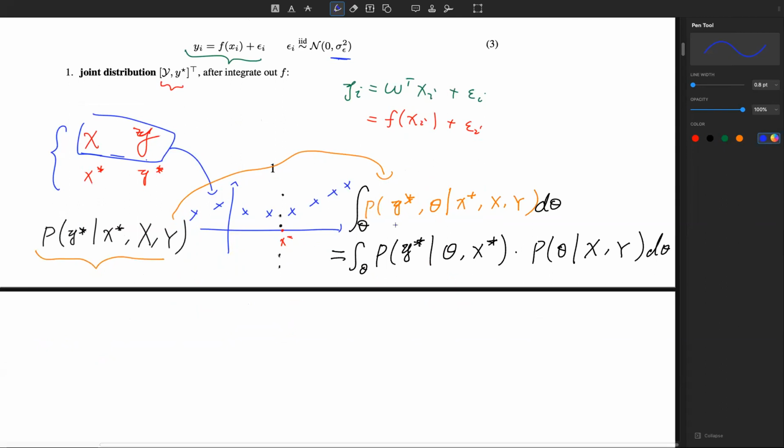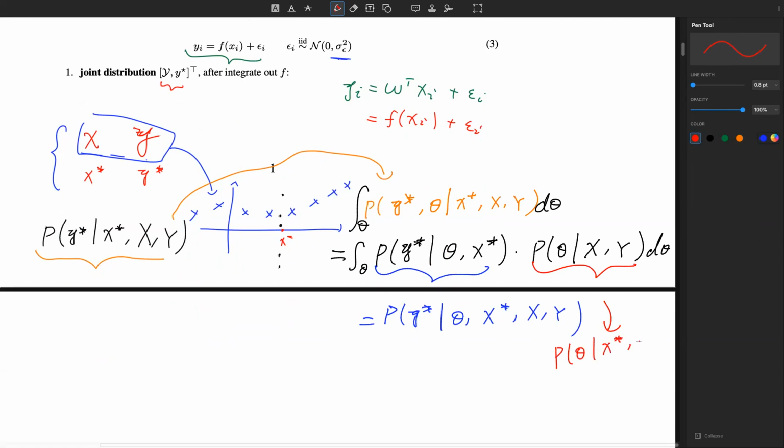Firstly, this part should be written out, so this should equal P of theta given X and Y, right? And this bit here should equal P of Y star given X star and theta, right? So why are these the same?